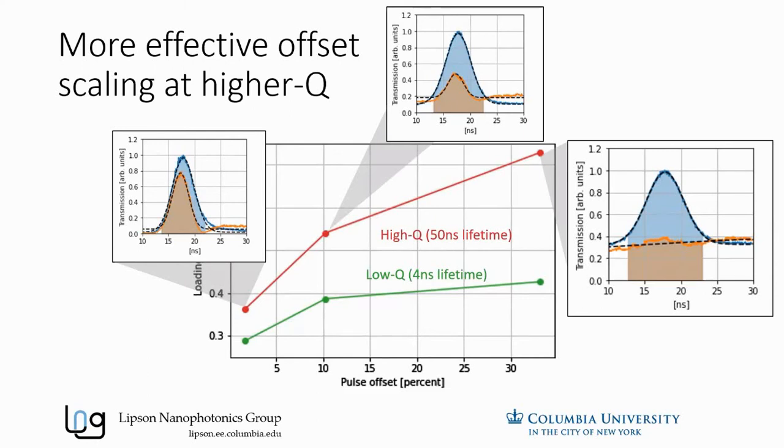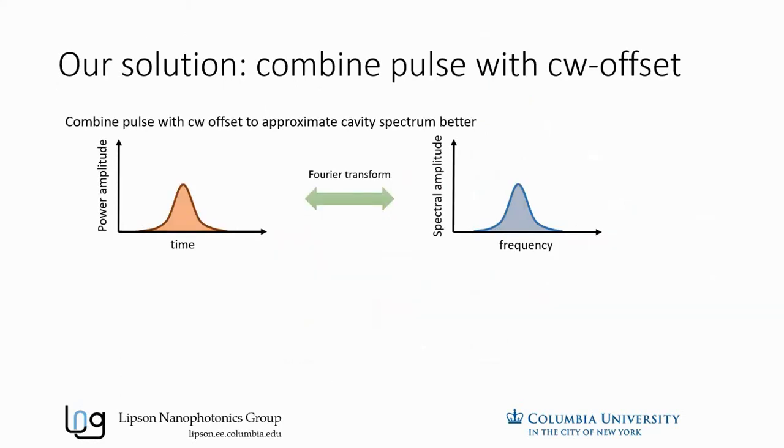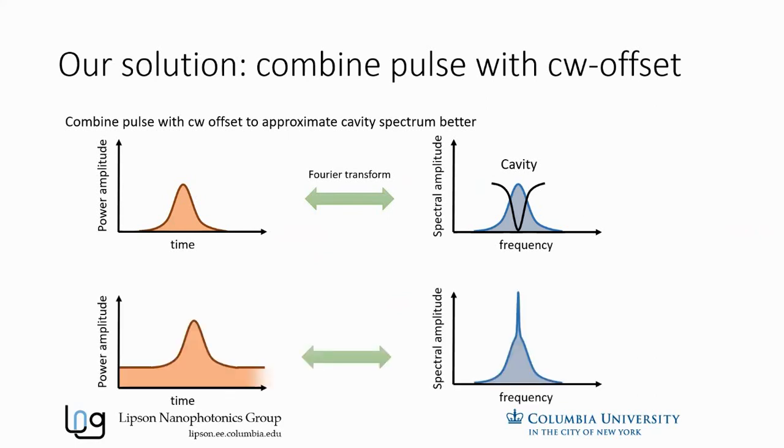So how can we make sense of this? What's behind this? The way we like to think of it is that your Gaussian pulse normally comes with a frequency profile that is also Gaussian. And now this frequency profile, again, has to be compared to the cavity frequency profile. What we do by adding this offset to the pulse is that we end up with a sort of DC peak at the DC frequency in the frequency profile.